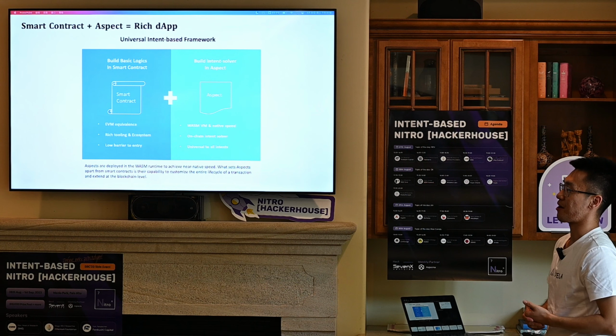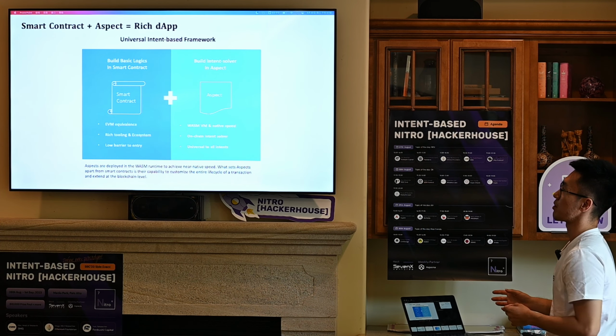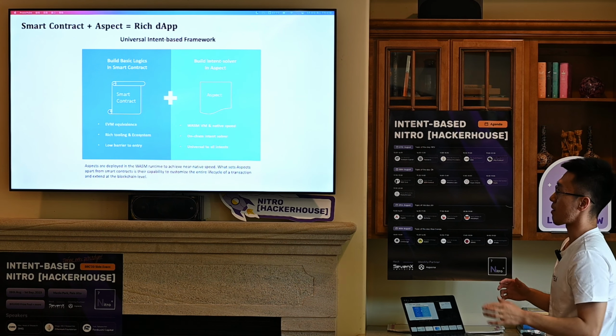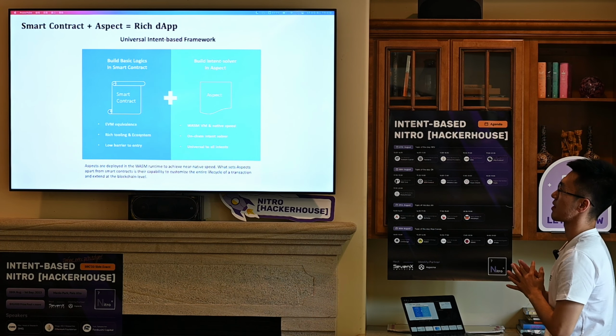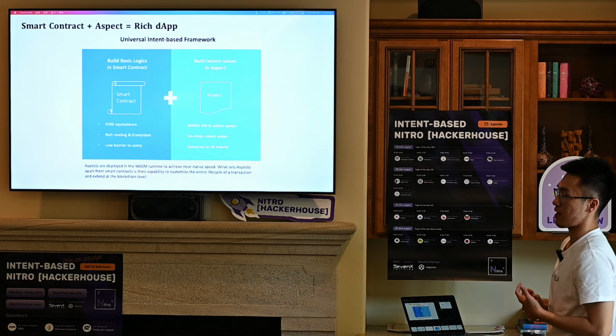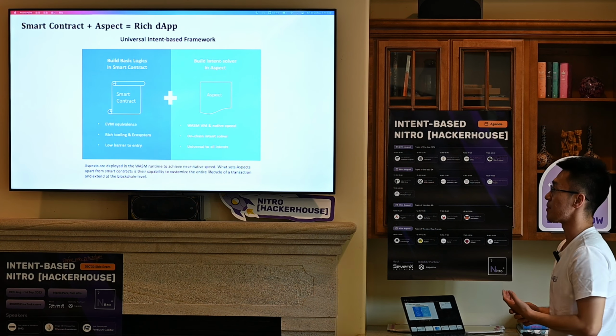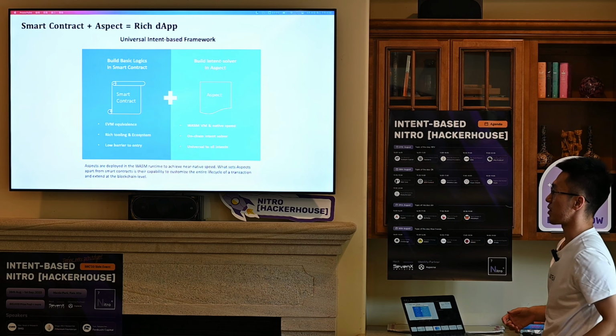So basically the general use case is that we can build a DApp with a smart contract and Aspect. Developers can write basic logic in smart contracts before EVM, enjoy the EVM equivalence, the rich tooling and ecosystem of Ethereum, and also the low barrier to entry.